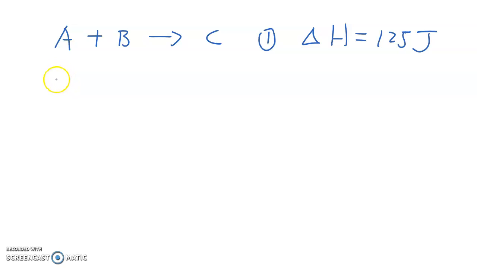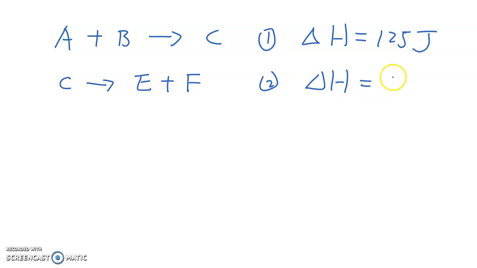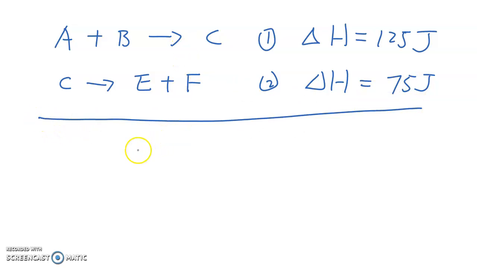My equation 2 will be C gives me E plus F, just for example, and delta H in this case is equal to 75 joules. Okay, am I allowed to combine these two equations? Yes. So what I can do is add them up. How do I add them?